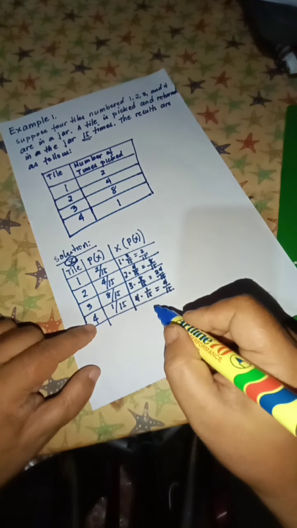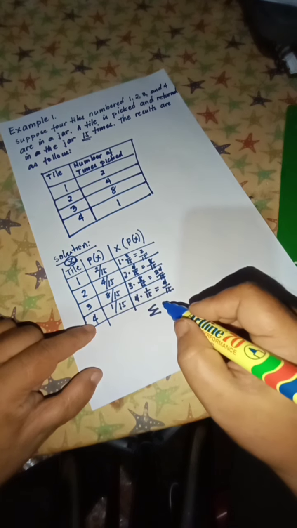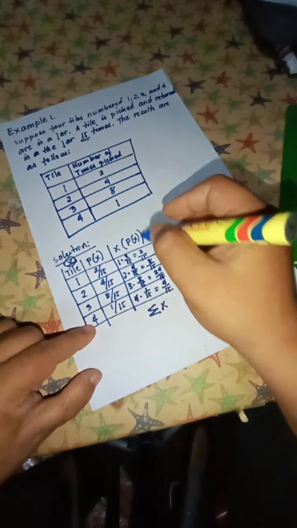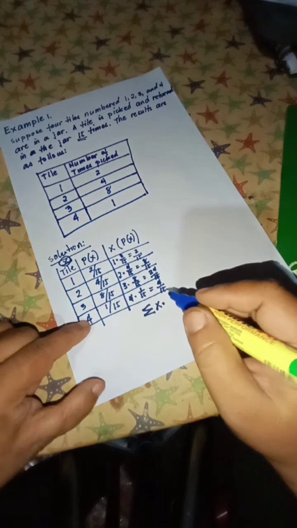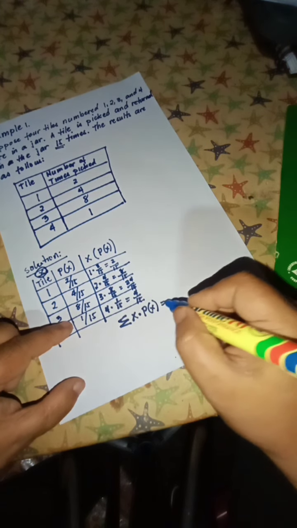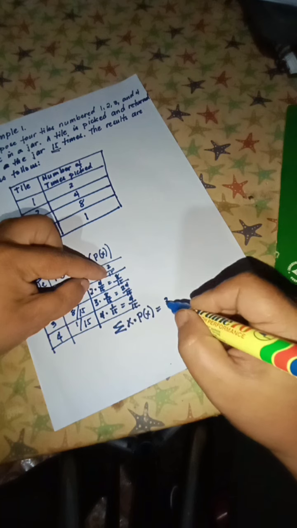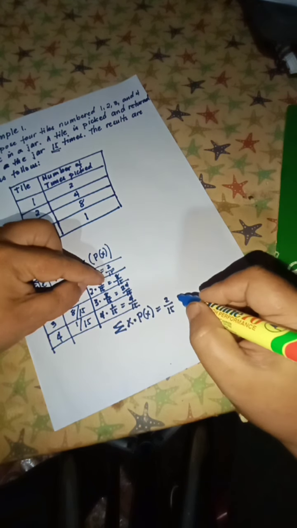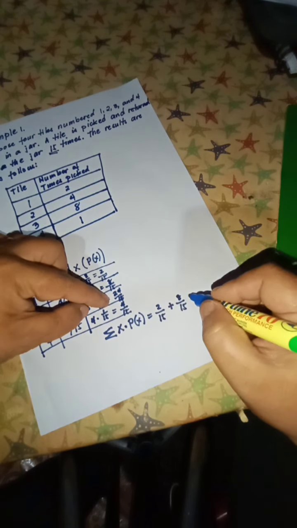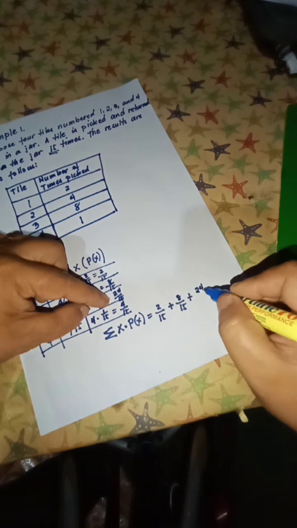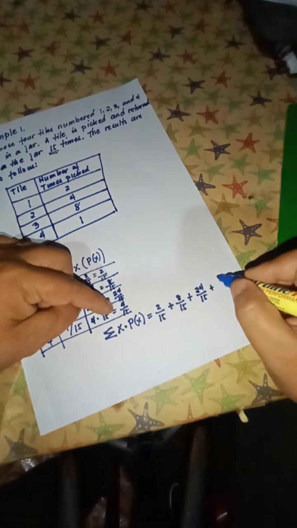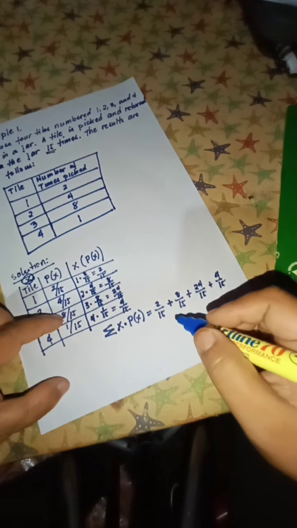Now the summation of x times p of x, another symbol for this column is the multiplication symbol times p of x, is simply, we add 2 over 15 plus 8 over 15 plus 24 over 15 plus 4 over 15.